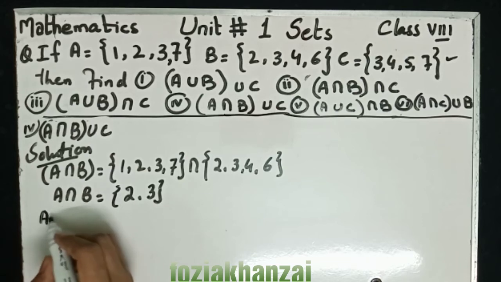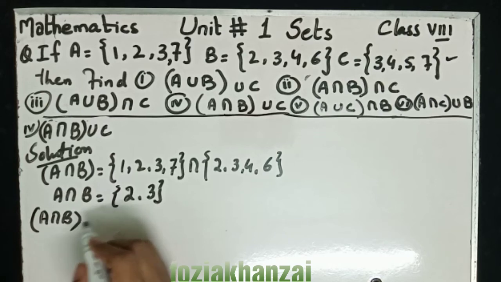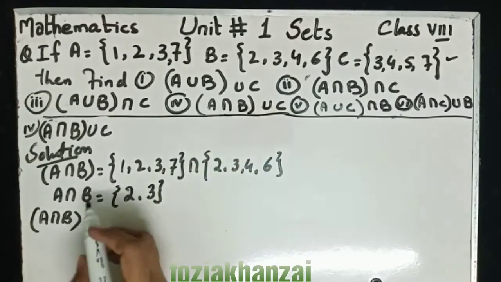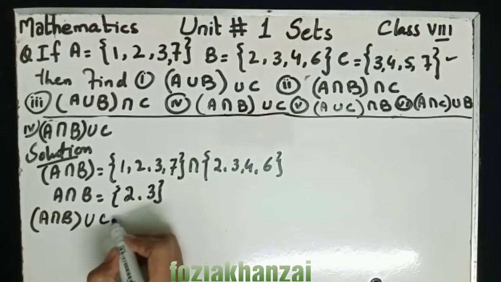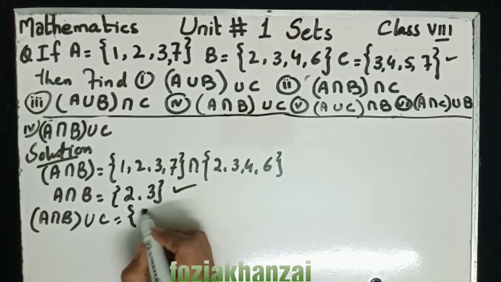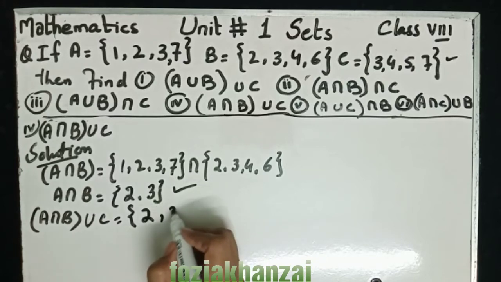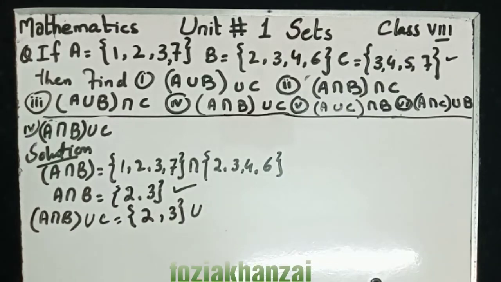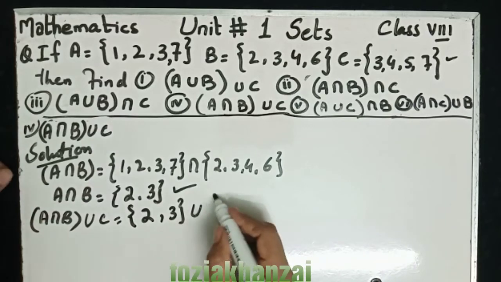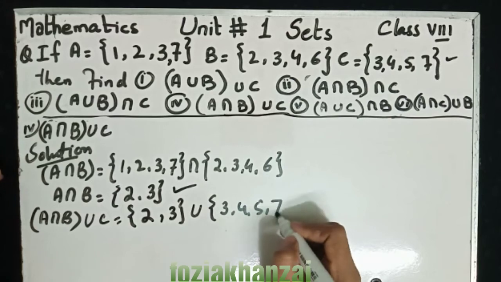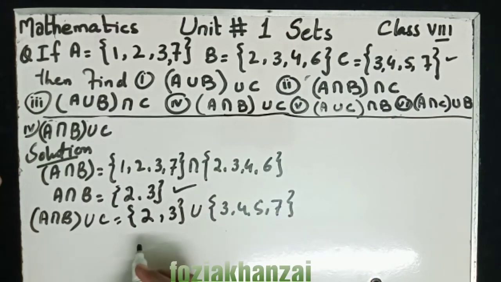Now, fourth part: (A intersection B) union C. First we write the answer of A intersection B: 2 and 3, bracket close, put the union sign, then copy the elements of set C: 3, 4, 5 and 7, bracket close.